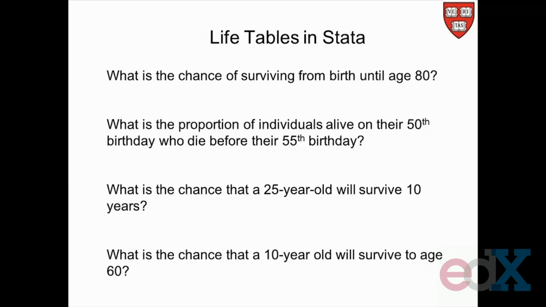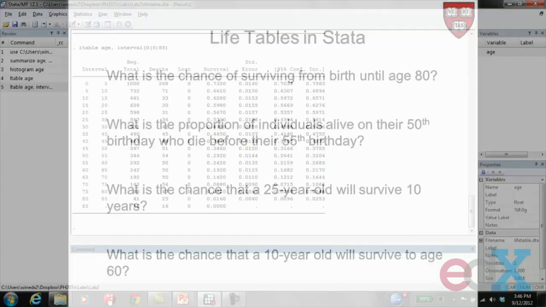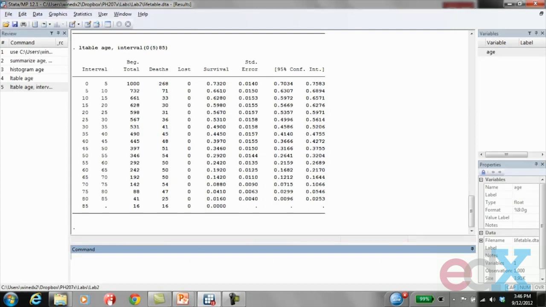Now the next question we want to ask is, what is the proportion of individuals alive on their 50th birthday who die before their 55th birthday? So the first thing we have to do is find out how many people were alive on their 50th birthday. Again, we look at this beginning total column, we find this 50 here, and we see that 346 people made it to at least age 50.